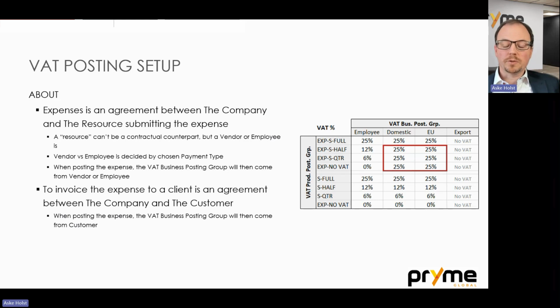So you could, of course, have something where you're buying something on behalf of the customer and delivering it to the customer, or the customer will be directly using what you're purchasing. In that case, you would usually recharge with the same VAT rate as you purchased with.